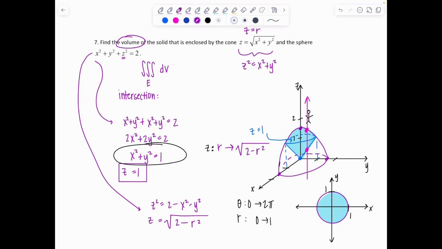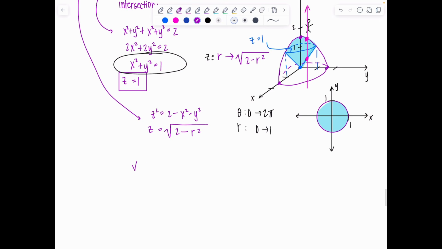Okay, here we go. So the volume is going to be the integral from 0 to 2 pi, 0 to 1, r to the square root of 2 minus r squared. No function because we're finding a volume, right? Sorry, that V looked so ugly. And then we'll have r dz dr d theta. Now I see no thetas anywhere, so I can just slap a 2 pi on here.